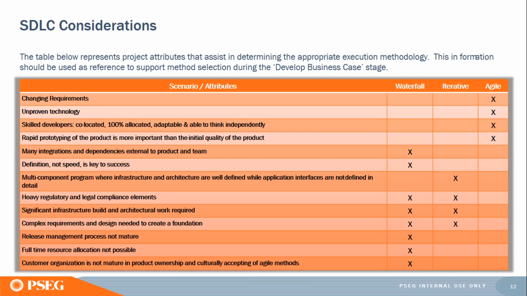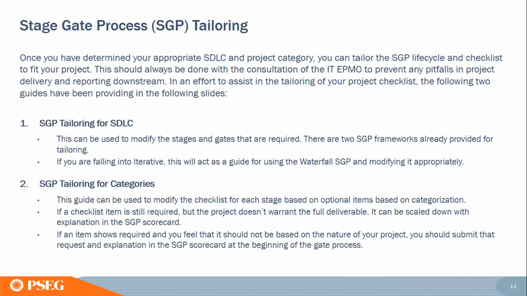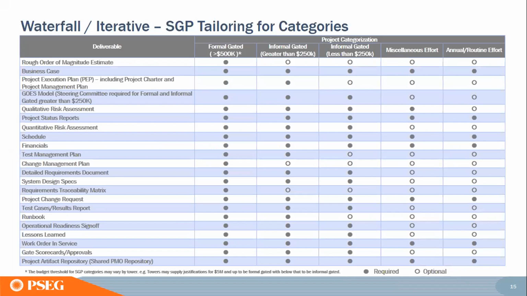So first is categorization, second is your methodology. After these two are defined, then you come to what is called tailoring. Based on the categorization and the methodology that you are adopting, you now tailor the project and store this tailoring as a reference document.